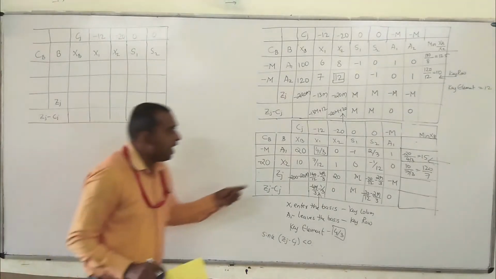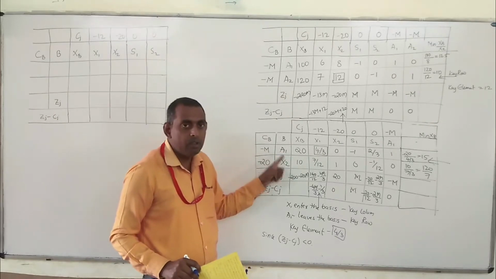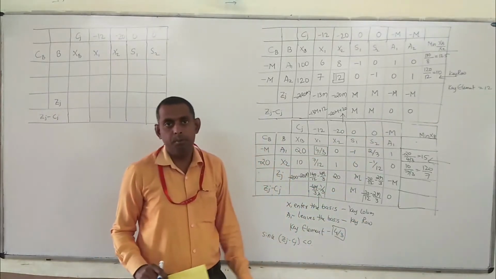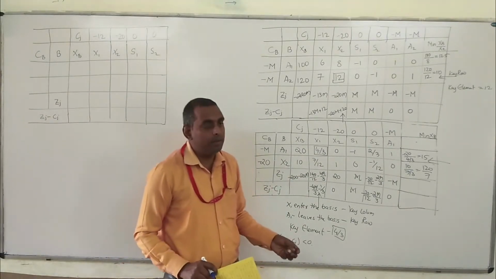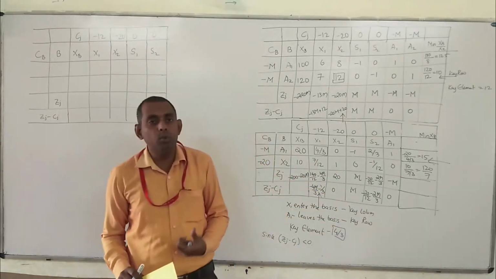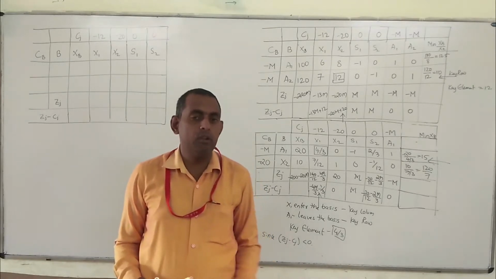Also, as A1 leaves the basis, we need to remove the A1 column, because it is an artificial variable. As it leaves the basis, we have to leave the entire column, because we don't want the artificial variable to appear in the final solution.